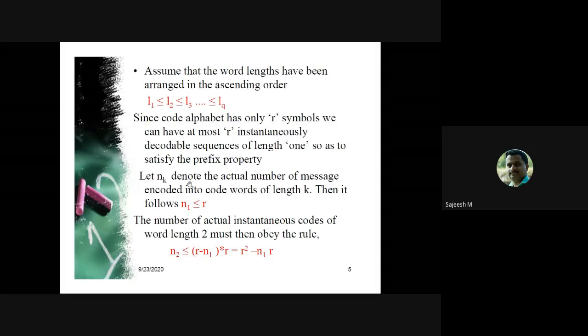Then let nk denote the actual number of messages encoded into code words of length k. For example, if k equal to 2 and there are three code words with length 2, then nk is 3.